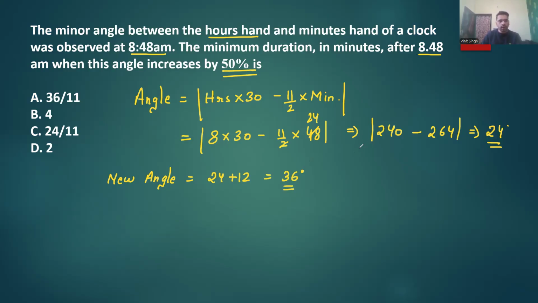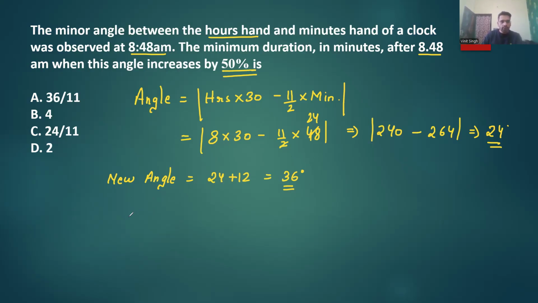And you know that while applying this formula, you will get negative numbers. So you can directly change it to 11/2 into minute minus hours into 30. So we will find at what minute you will get the angle of 36 degrees. Now we will solve.